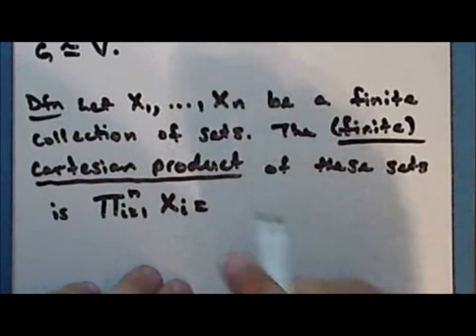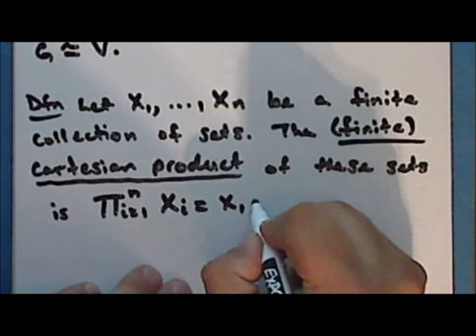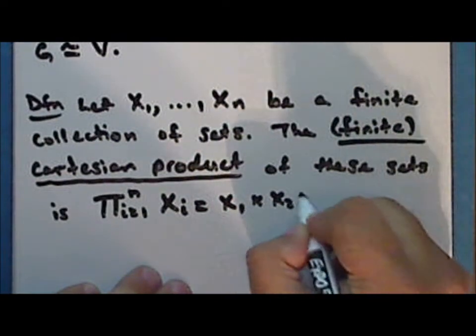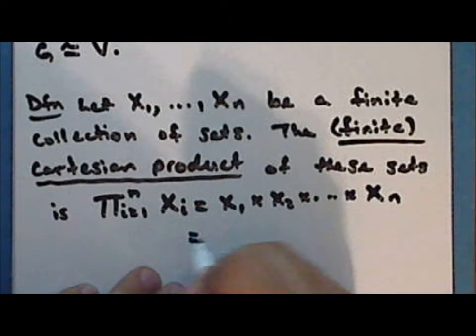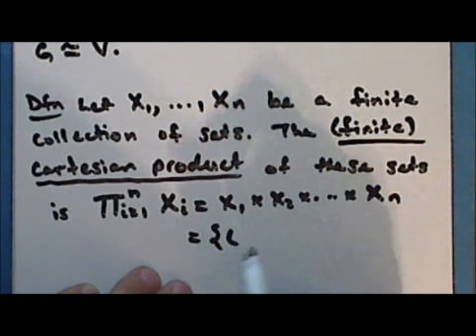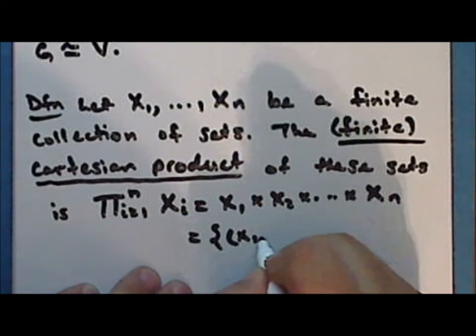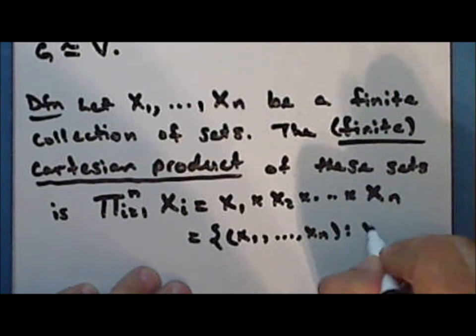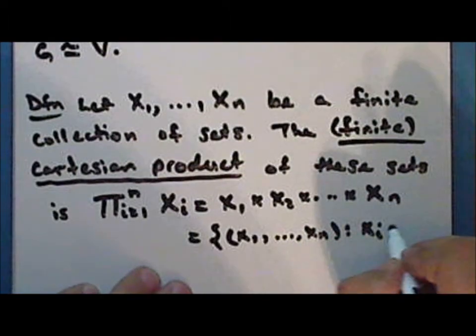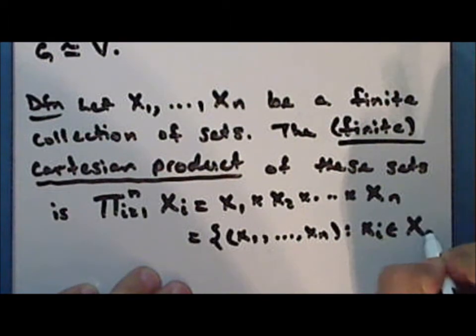Again, this is the finite Cartesian product, x sub 1 cross x sub 2, and so on through x sub n, which is the set of all ordered n-tuples, x sub 1 through x sub n, where the ith coordinate, x sub i, is an element in the set x sub i.